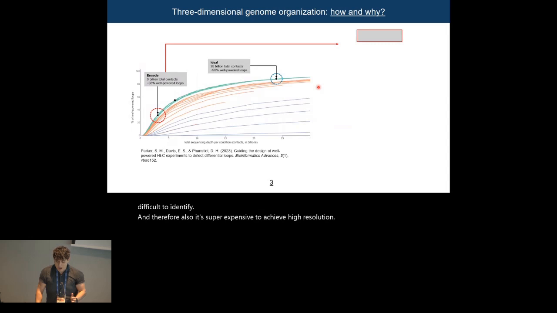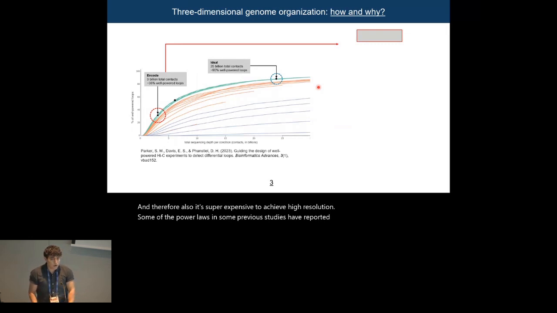Some power laws and some previous studies have reported that to identify most of the loops in a genome, we will need 25 billion contacts in a Hi-C matrix.